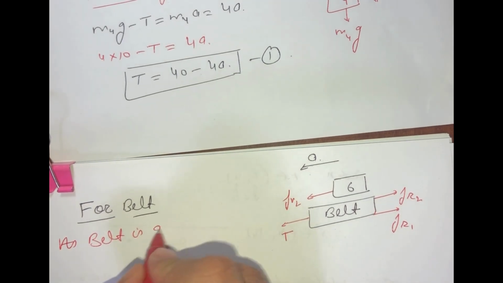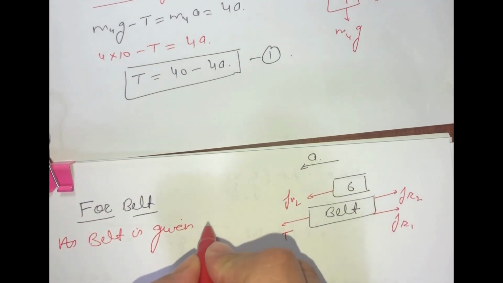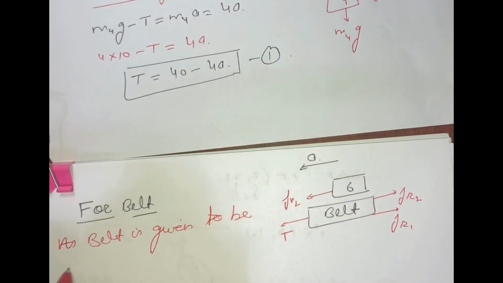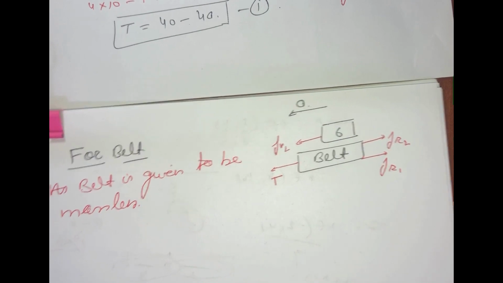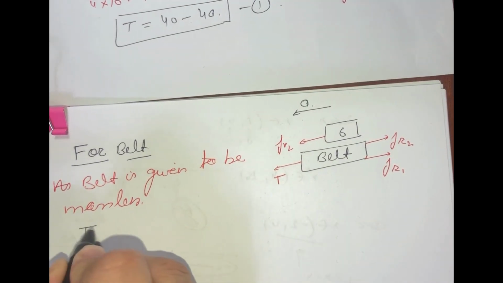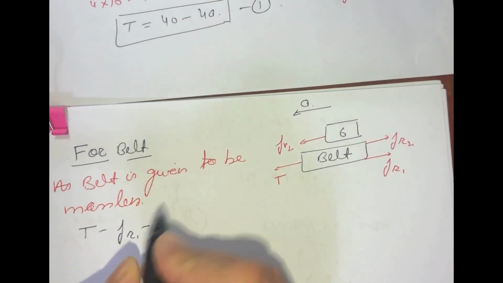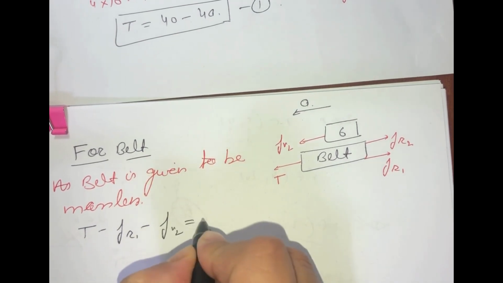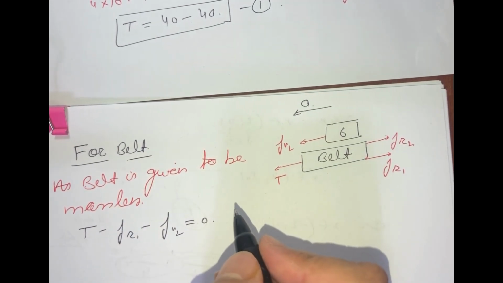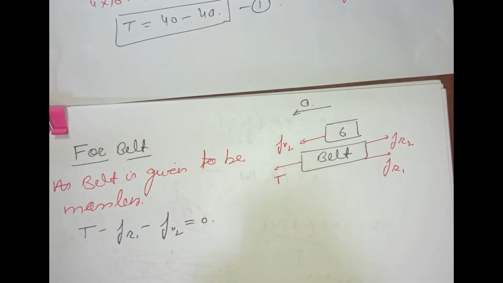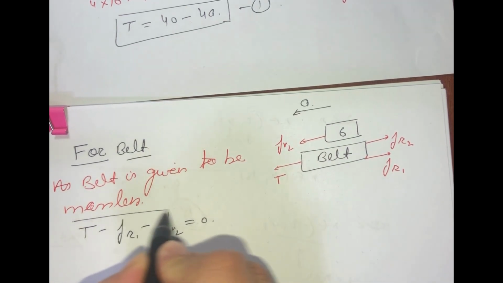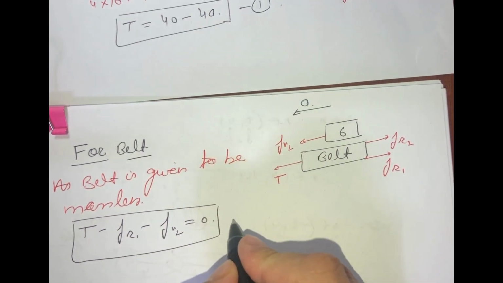The equation we get is T minus Fr1 minus Fr2 is equal to 0. Let us call this equation number 2.